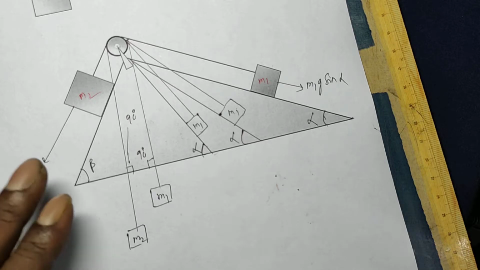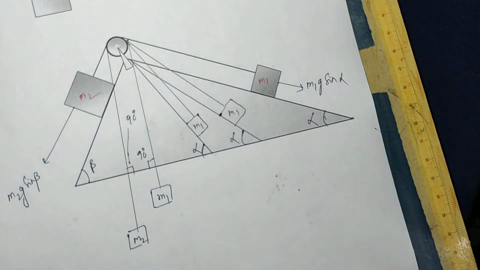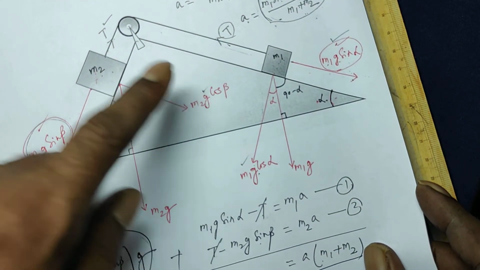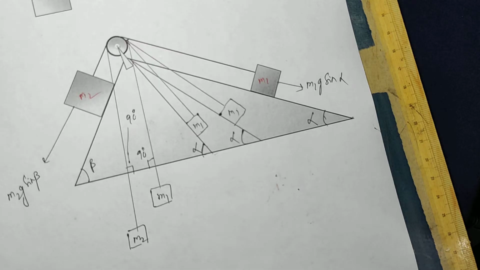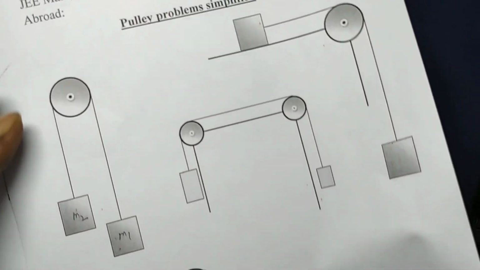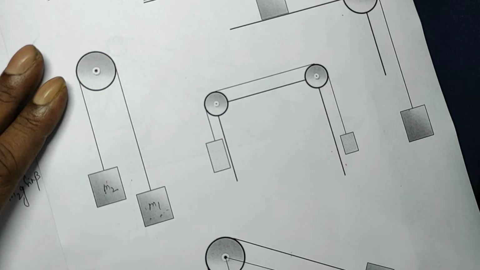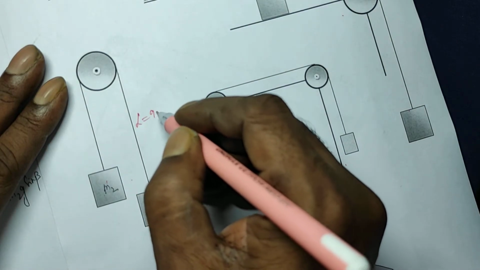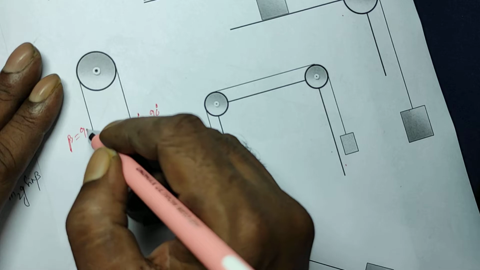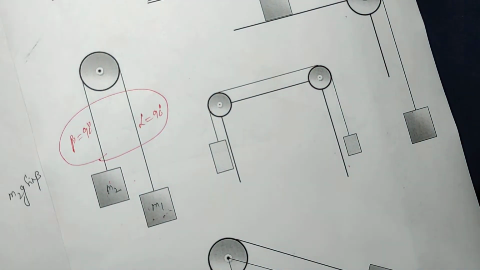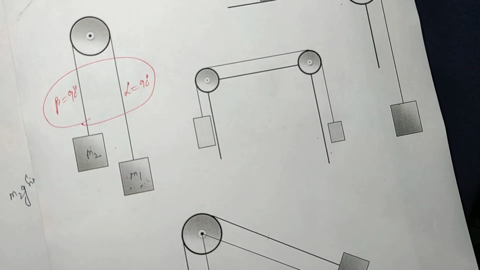So to come from this diagram to this diagram, using the final expressions for the acceleration and the tension, for this situation we can put alpha equal to 90 and beta equal to 90 in these two final expressions.